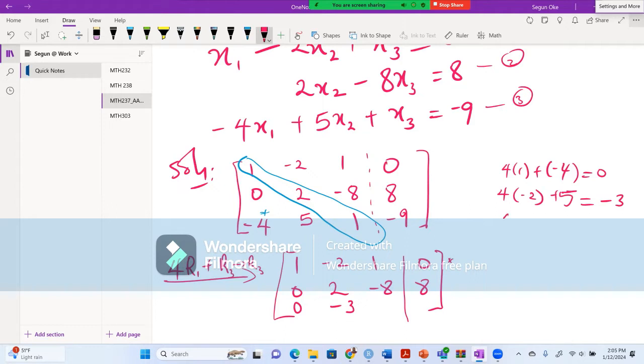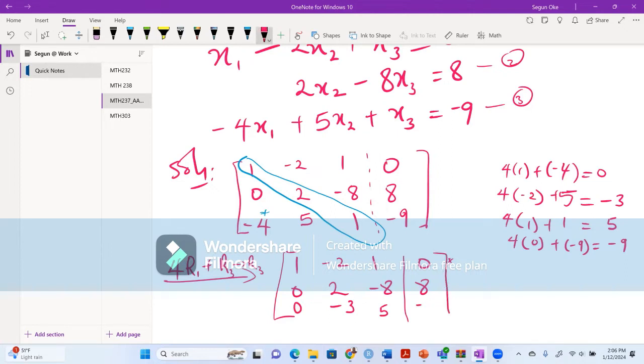The next one will be 4 multiplied by 1 plus 1. What do we have? We have 5. Then 4 multiplied by 0, which is from R1, plus negative 9. What do we have? Negative 9. Any question?